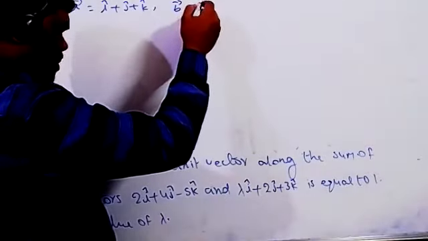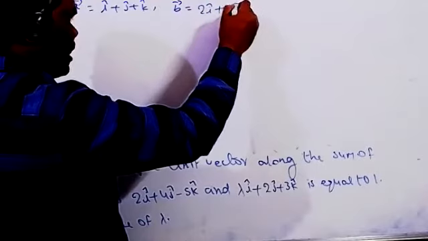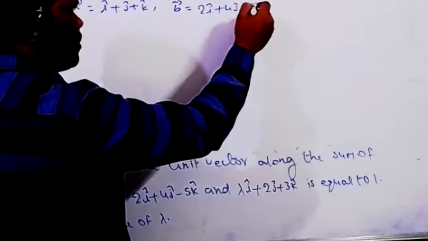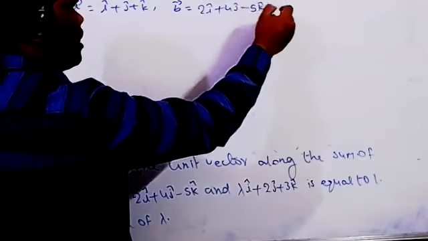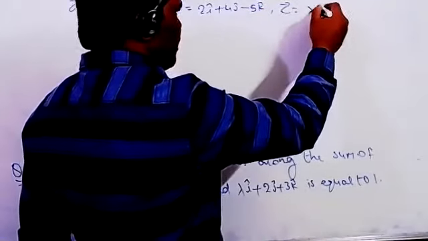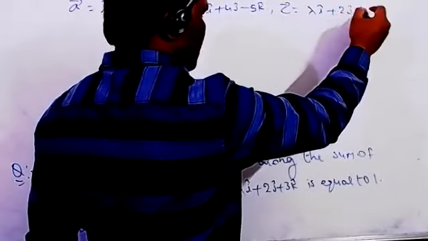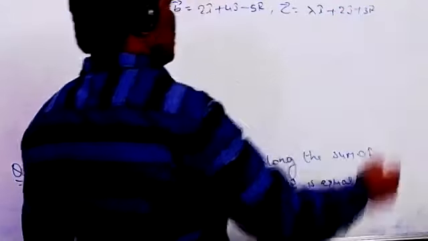Vector B equal to 2i plus 4j minus 5k and vector C is equal to lambda i plus 2j plus 3k.